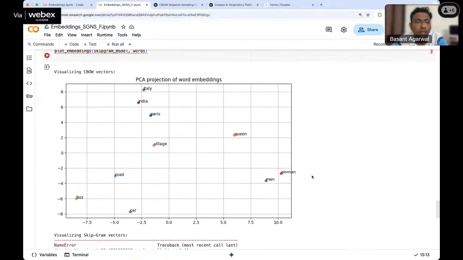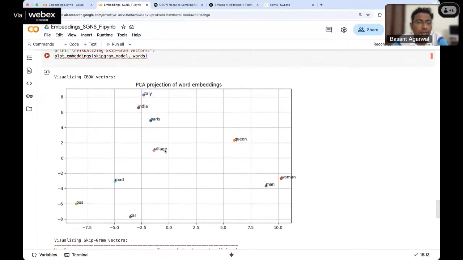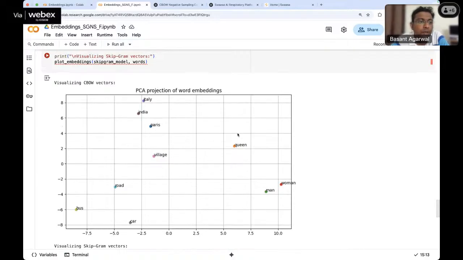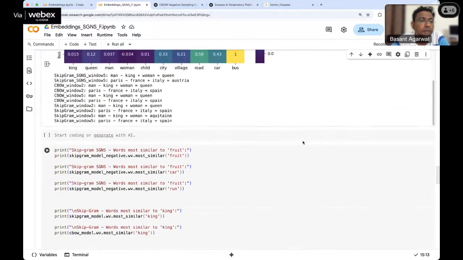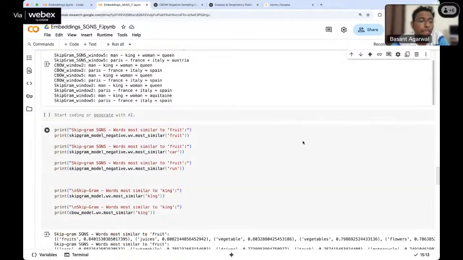Here I plotted the relation between India and Delhi. Delhi is not there, but you can see that the country India and Italy are very close. Paris is a city which is also very close. Here men and women is there. Actually, I think the script was stopped in between, that is why it is showing stopped.